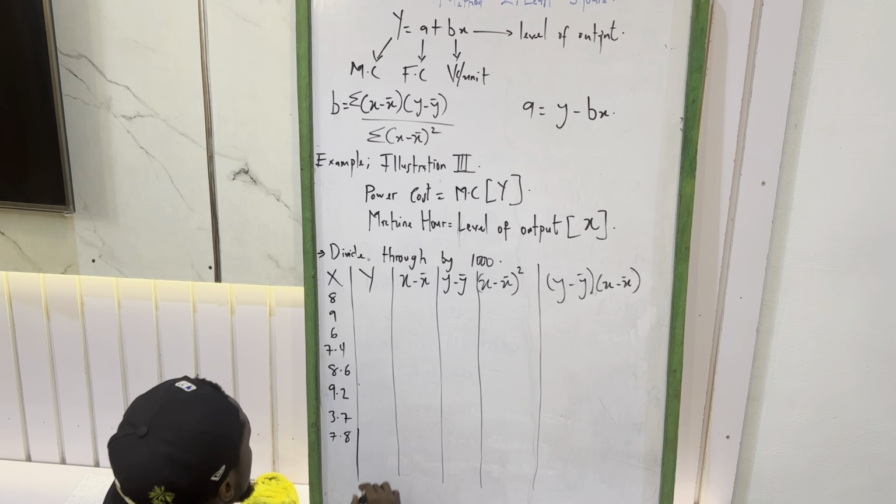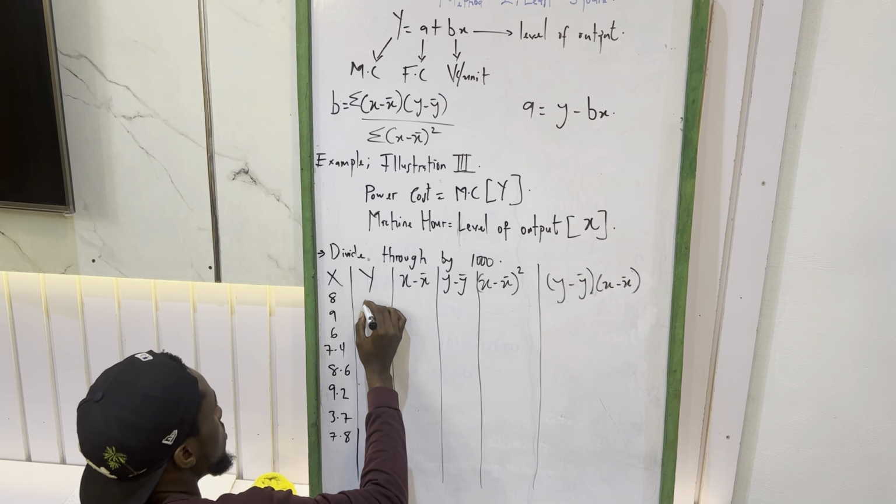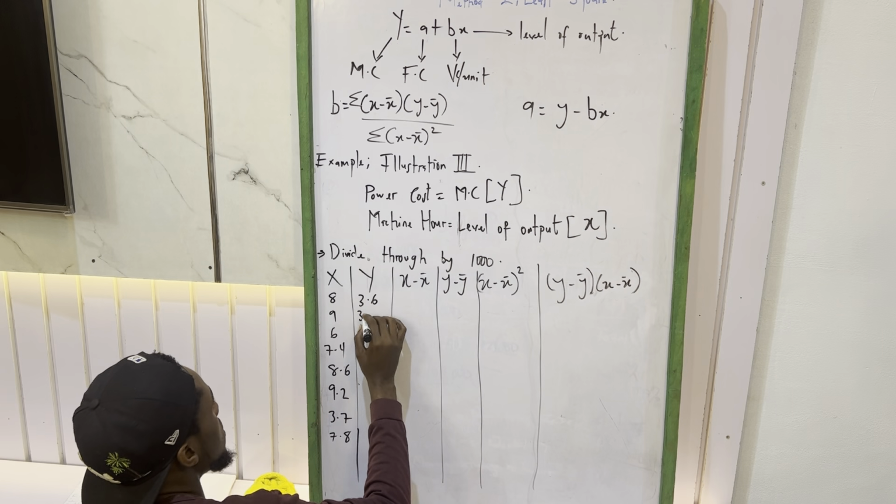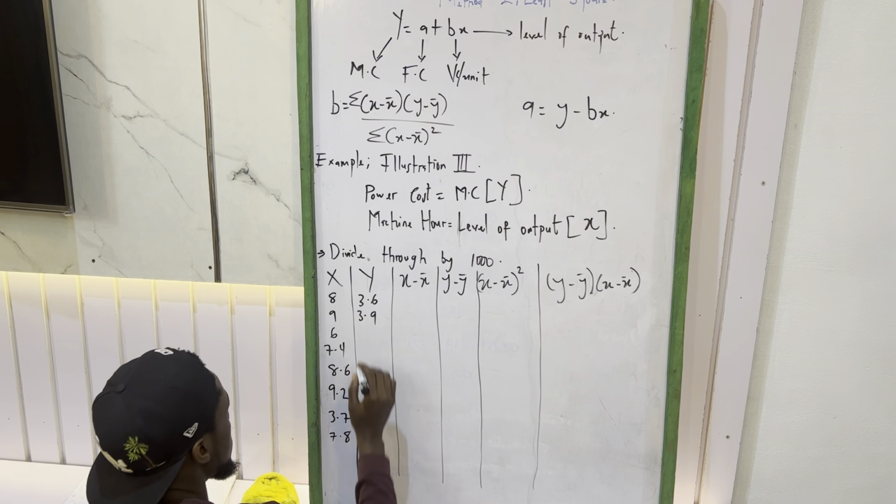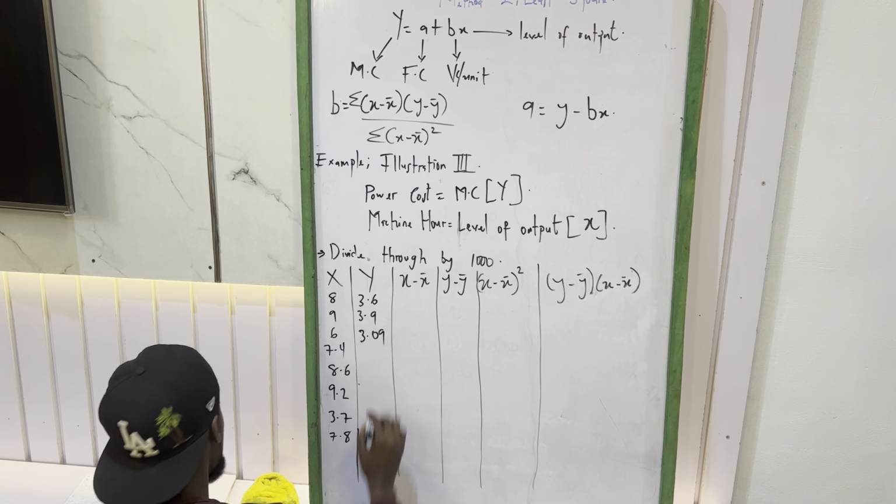Okay. Then for this, we are having 3.6, 3.9. Remember, these are already in the question.